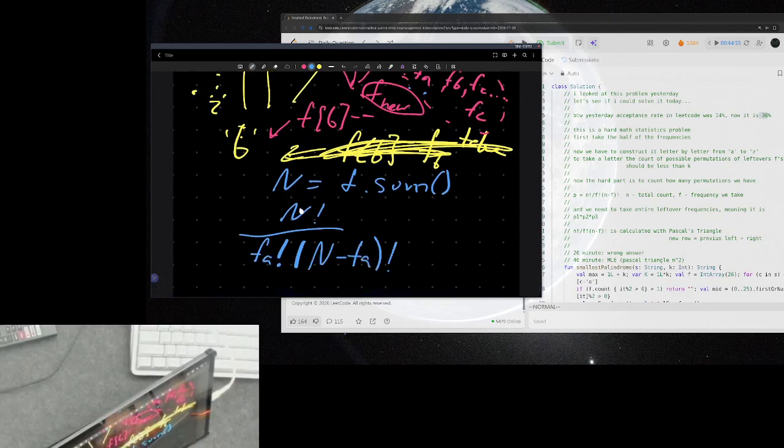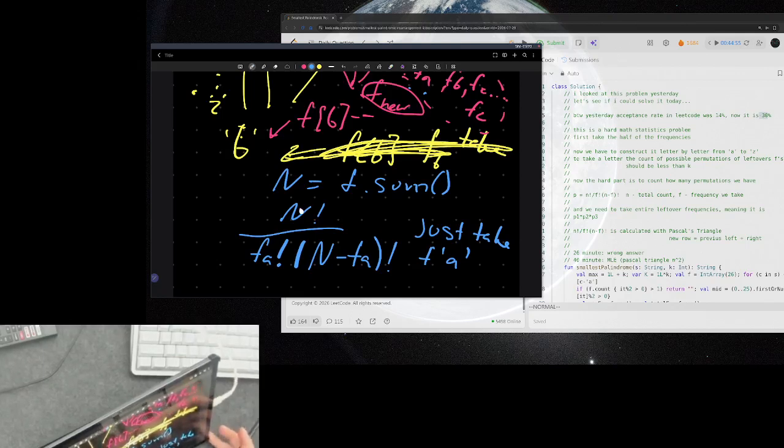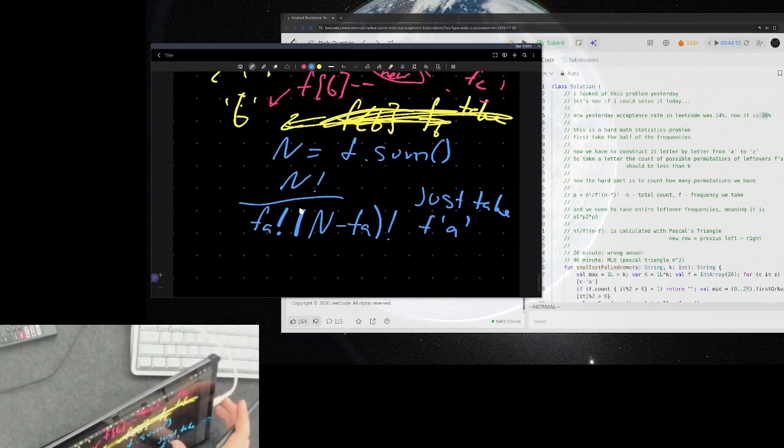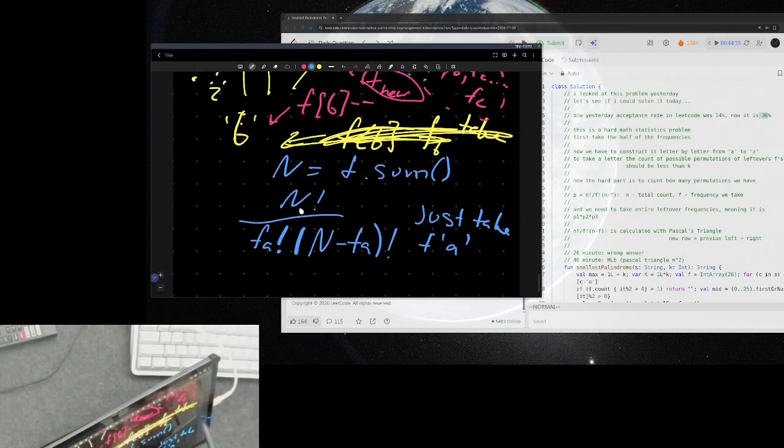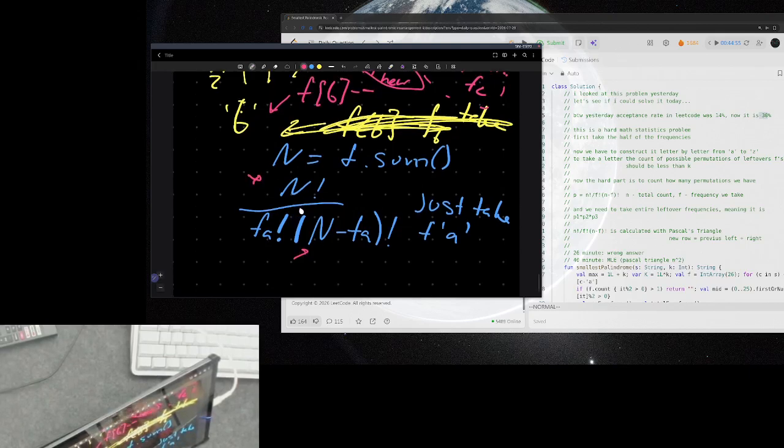So this is the statistics formula, and if we just take fa from the n, this is how many permutations we could have after we take it. Permutations of all the others. So all others have this kind of number of permutations if we take fa.